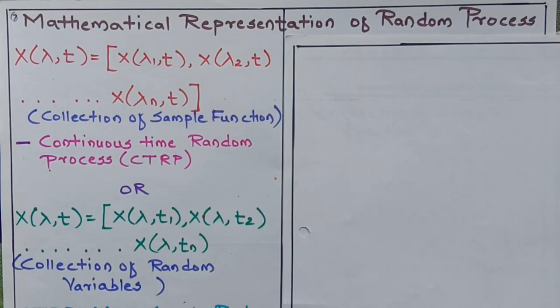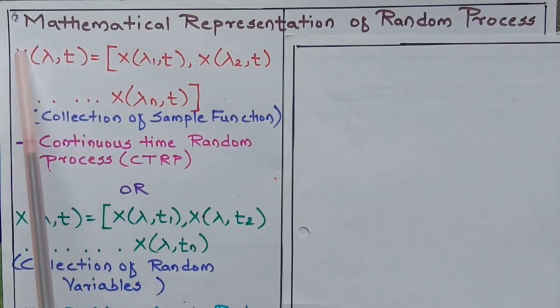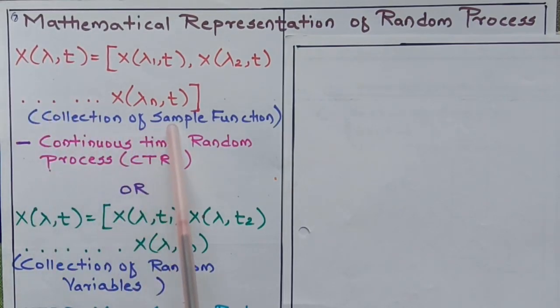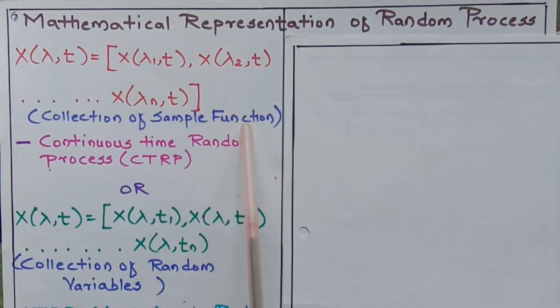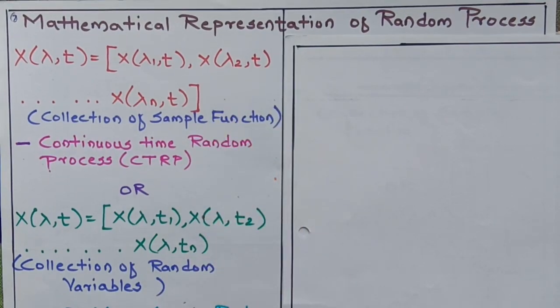Or in another way, how can we define the random process? Now we have defined the random process in terms of a collection of sample functions. If I want to write the random process in terms of random variables, how can we write it? Here, x of lambda comma t is equal to x of lambda comma t1 at instant t1.